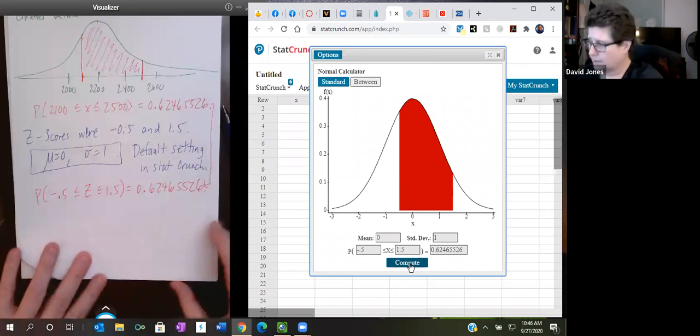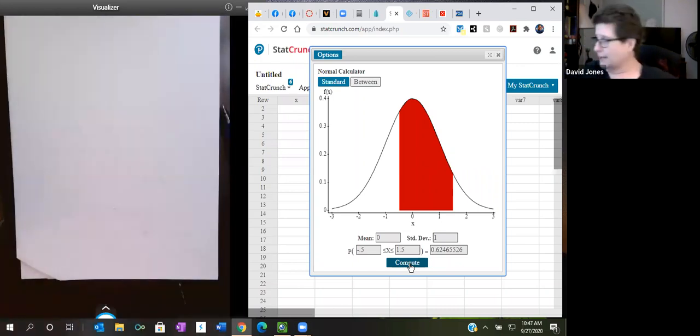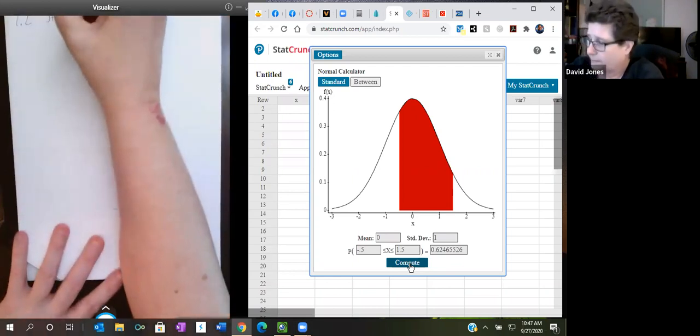Okay. So that's 7.2 right there. 7.2 is the standard normal curve.